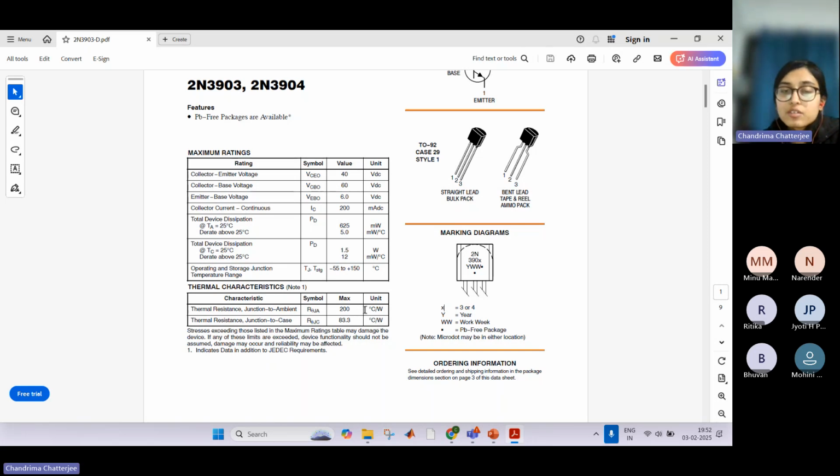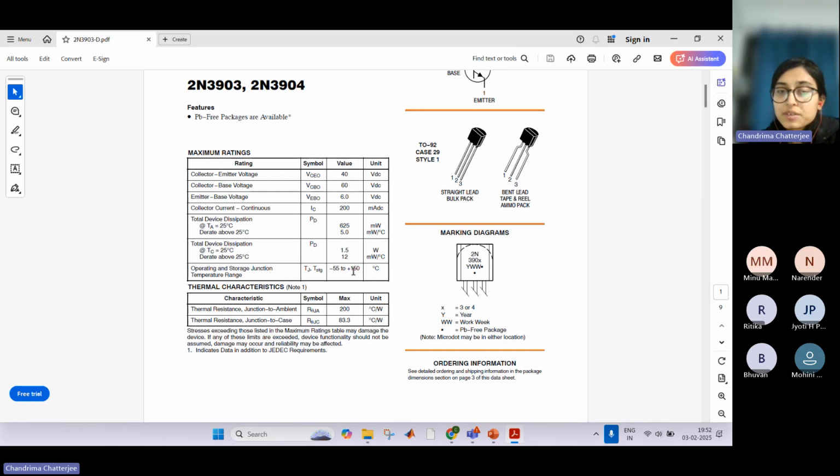Obviously, when you operate the device, you will have to select some heat sink. While selecting the heat sink, you will need this thermal resistance, junction to case. You will have to find what the case to ambient thermal resistance should be so that your junction temperature doesn't exceed 150 degrees, which is the maximum allowable temperature.